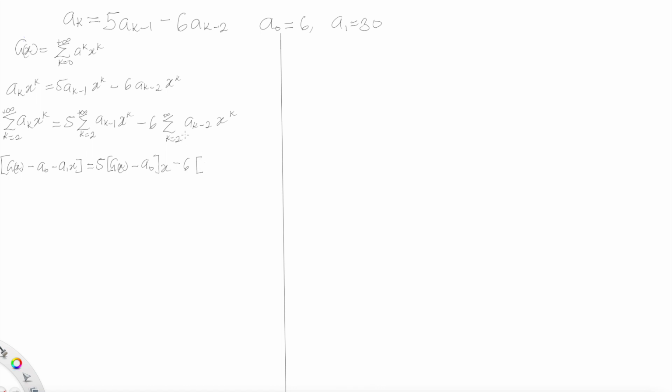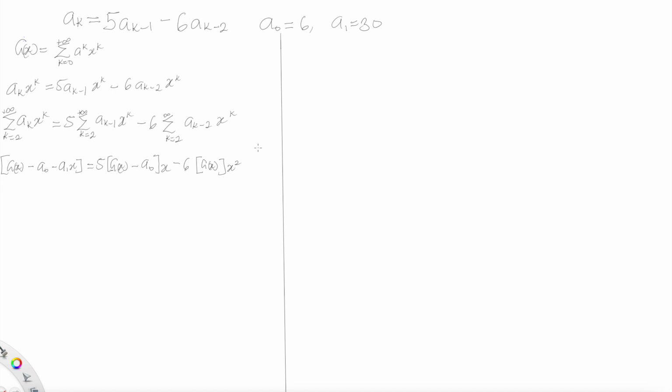The difference between this k and this k minus 2 is 0, so you don't subtract anything from your generating function g of x. But since this is a k minus 2, you multiply by x squared.